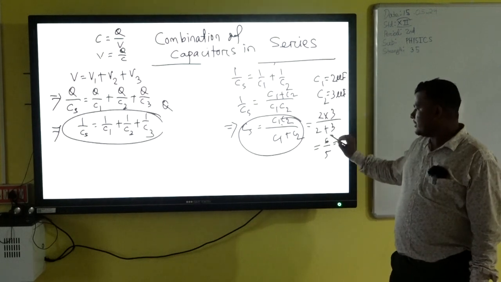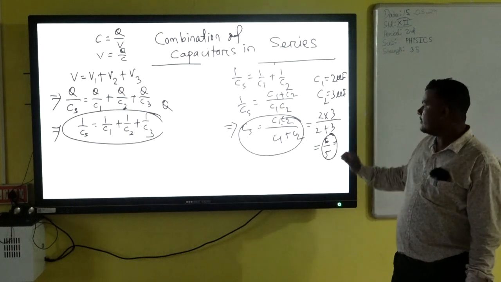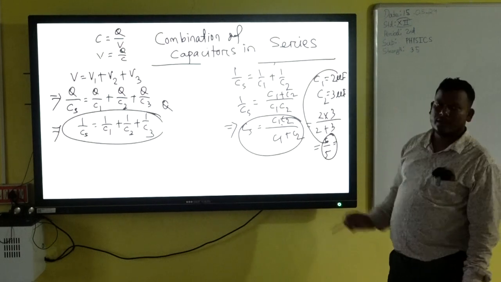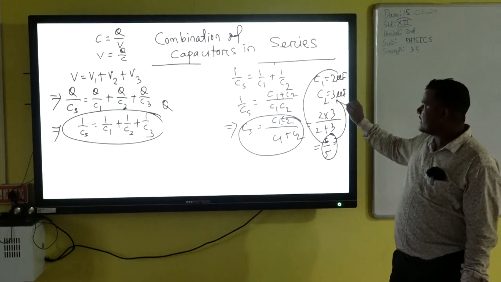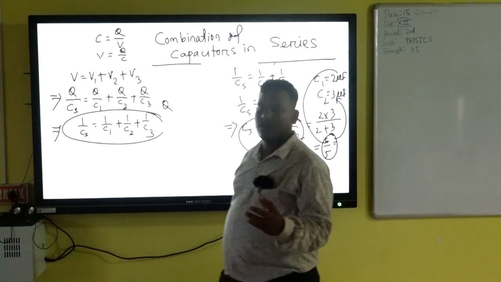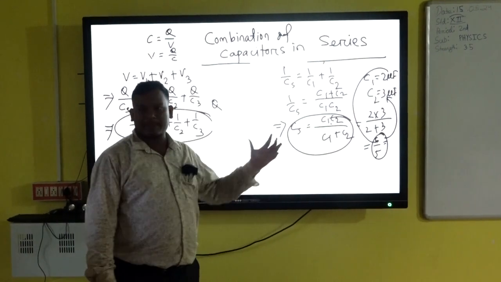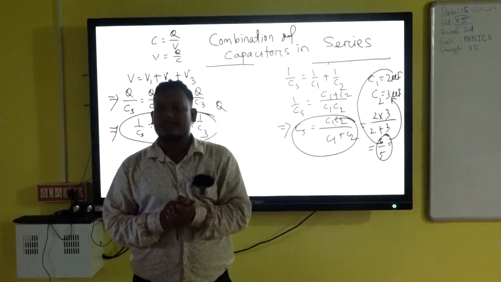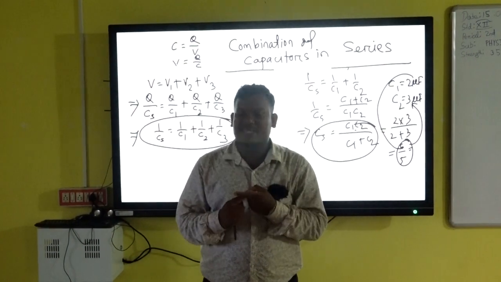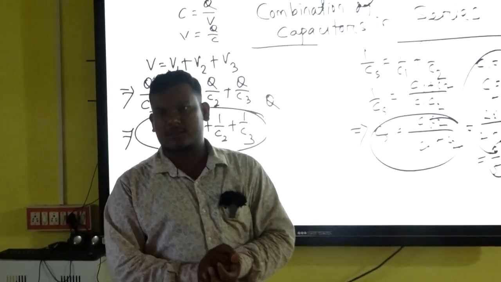This value is less than 2, and this value is also less than 3. So this is one property of your series combination. What happens in series, the total capacitance of the circuit is less than the individual capacitance.